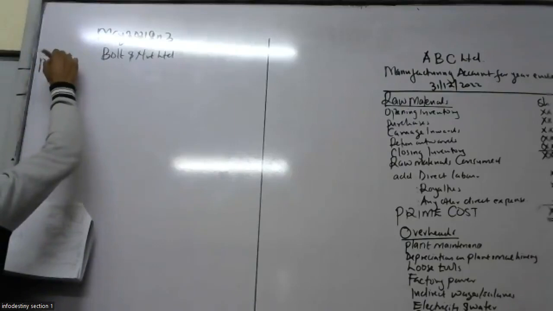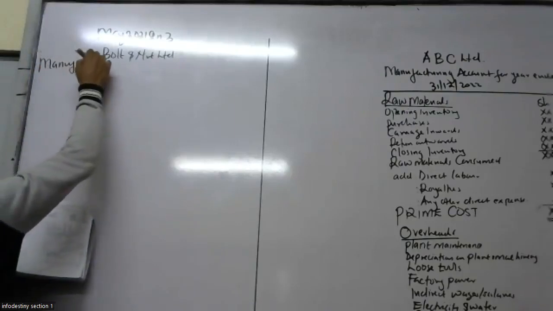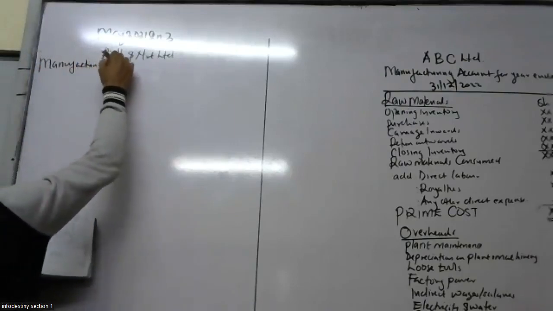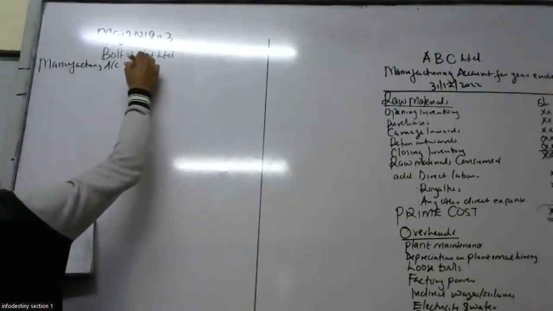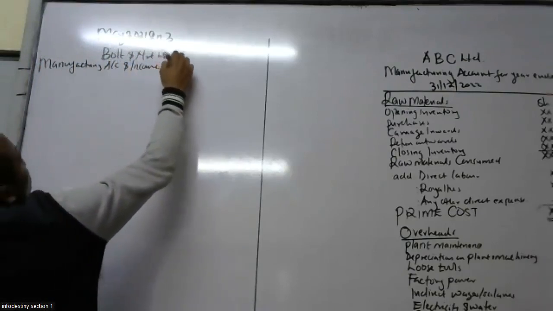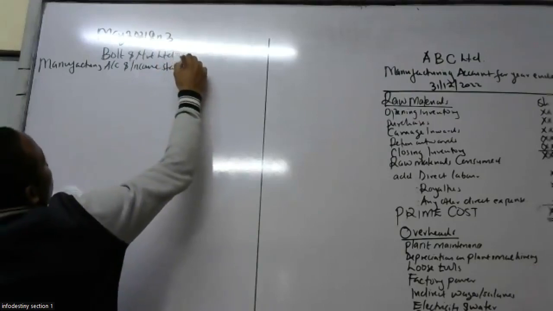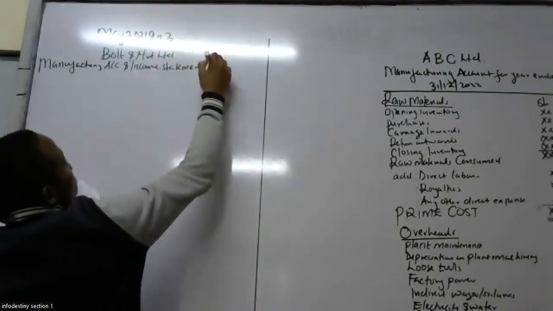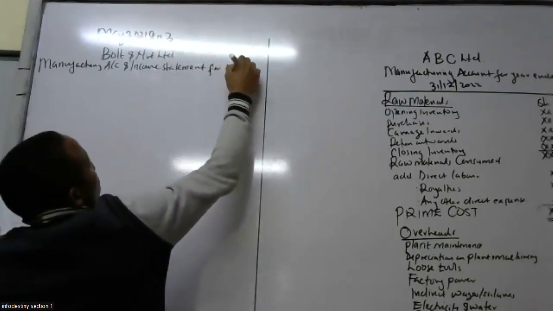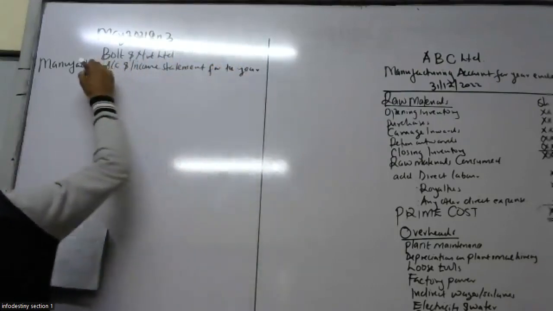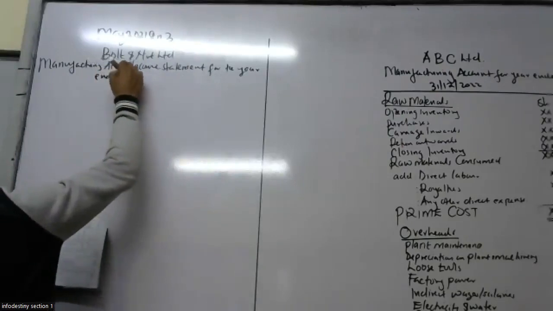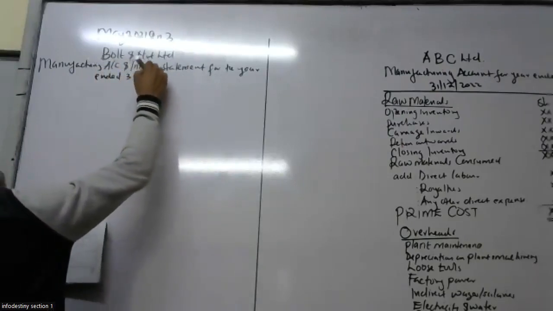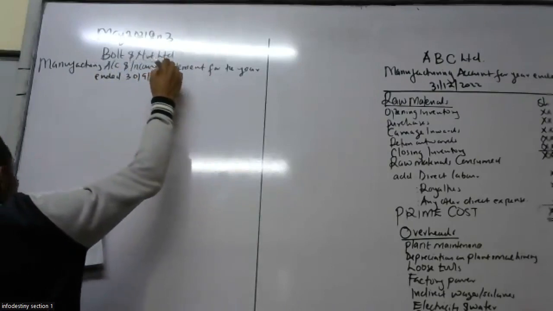We need the manufacturing account and income statement, or the statement of profit or loss, for the year ended 30th September 2020.